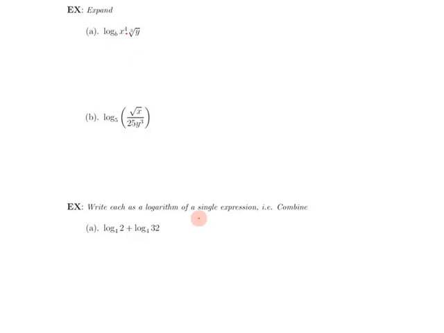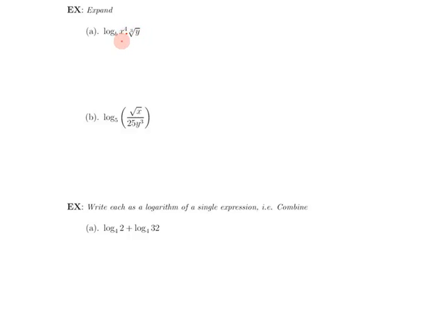Now, in order to apply the rules, we have to apply them directly as they appeared above, and in this case, I can't pull the 4 out front because I don't have the entire inside of the logarithm raised to the 4th power. This one has a 4th power, this one has a 3rd power.